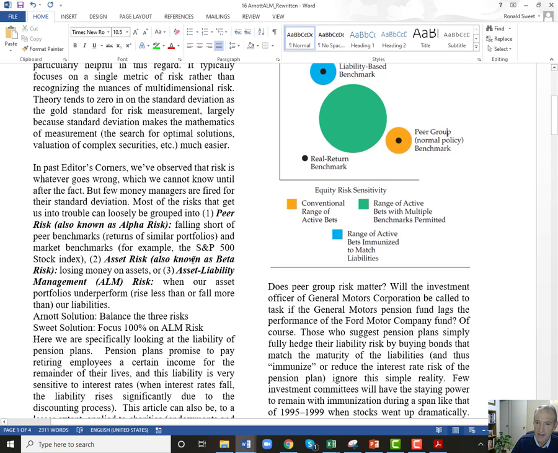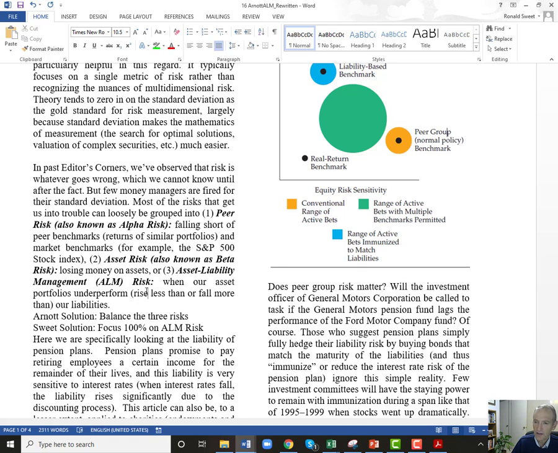Asset risk also gets eliminated when you're doing ALM risk, because your assets are simply going to match your liability. Think about it with the life insurance company. They're 100% bonds. Their asset risk is credit risk. It's insolvency, so you have to worry about that credit risk. But beyond that, there's not much to think about.